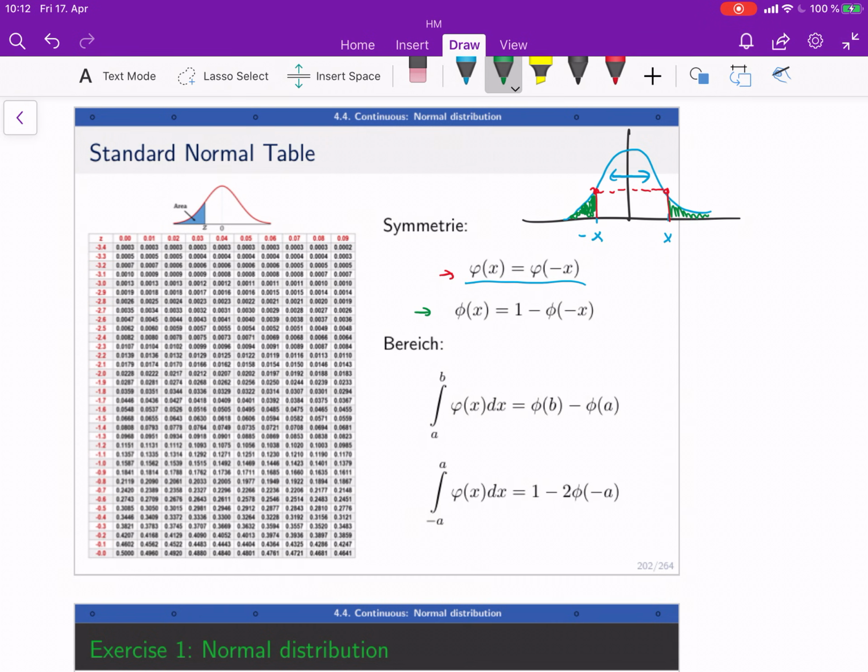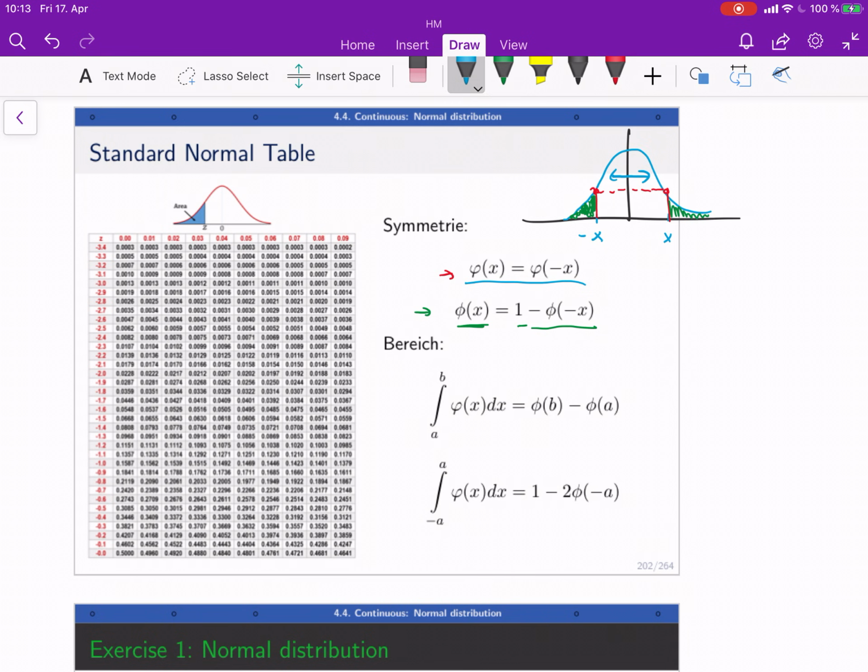So the cumulative value at x is also the whole area 1 minus phi of minus x. So it doesn't matter whether I look at x and take the area on the left hand side of the point, or if I take the mirrored point and look on the right hand side.